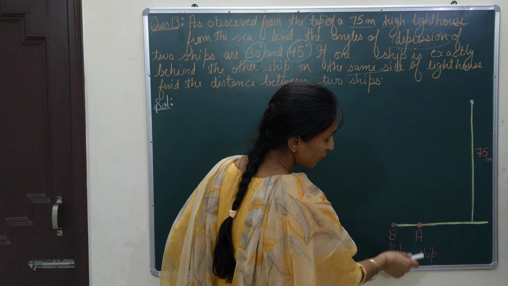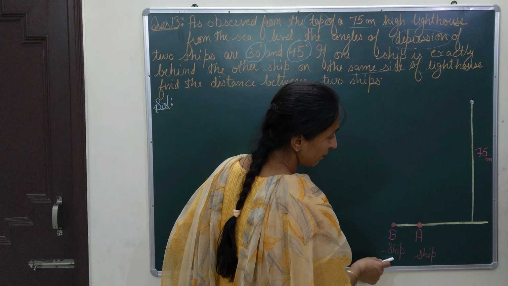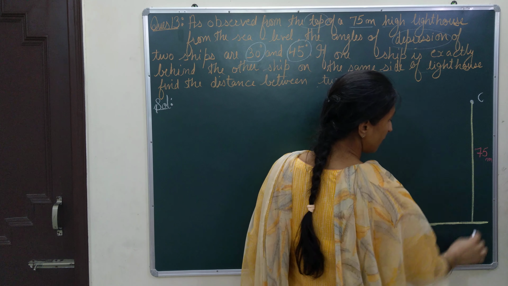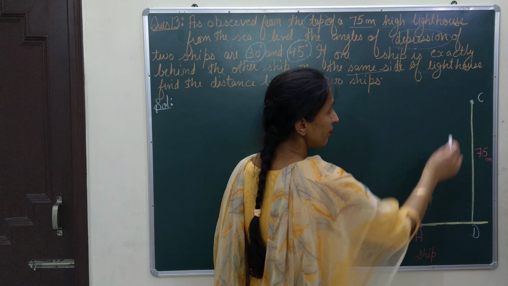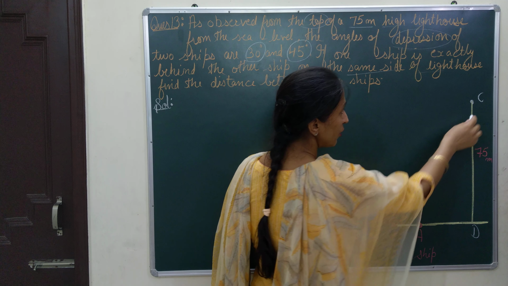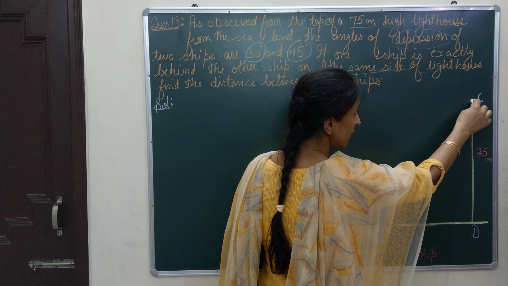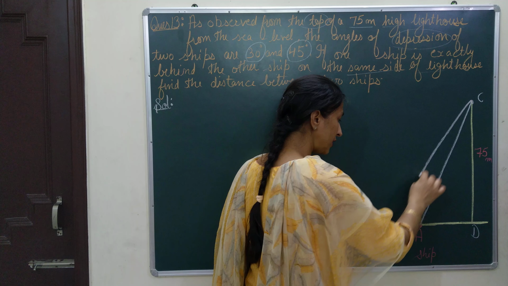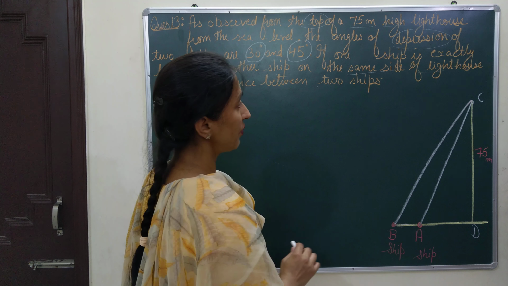I have drawn two ships here, ship A and ship B, and this vertical CD represents the lighthouse. When you are looking from this point at the first ship and the second ship, two angles are formed. Those are angles of depression. One is 30 and the other is 45.